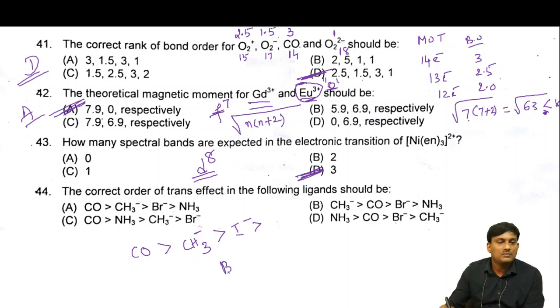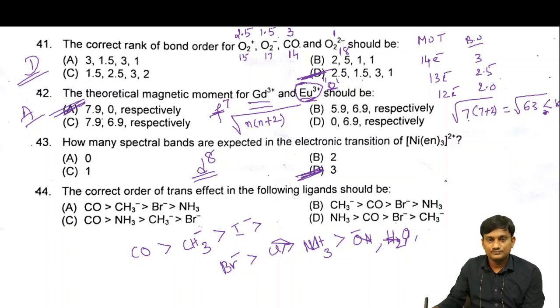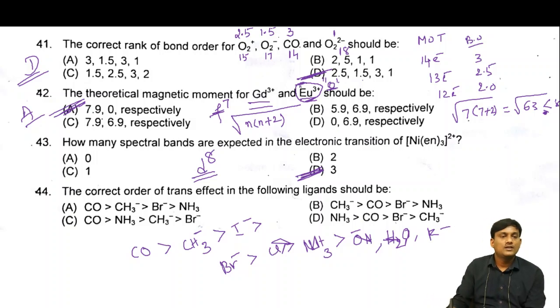Next one Br-, and next one is Cl-, and next one is ammonia, and next one OH-, H2O, F-. Okay, this is the order. So which one is the correct? CO, CH3-, Br-, and NH3. This is the correct order. So A is the correct option.